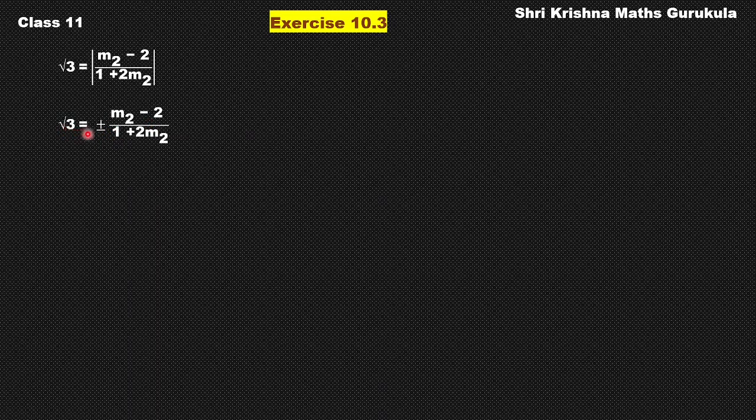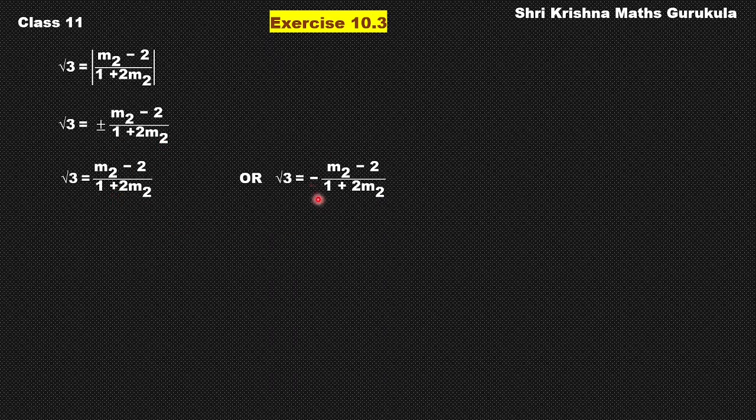So it is root 3 equal to plus or minus (m2 minus 2) whole divided by (1 plus 2m2). Now when we have considered plus or minus, two cases arise. Once when the term is positive and the second case would be when the term is negative. So we have to consider both the cases. Okay. Now we have to find the slopes in both the cases.